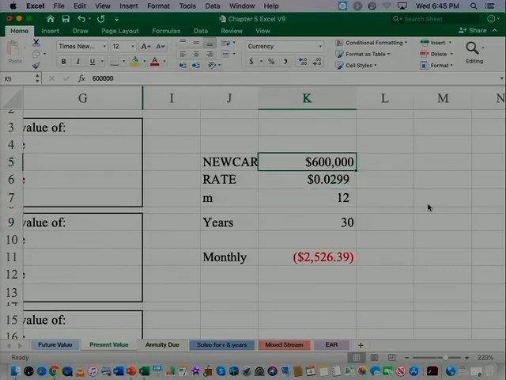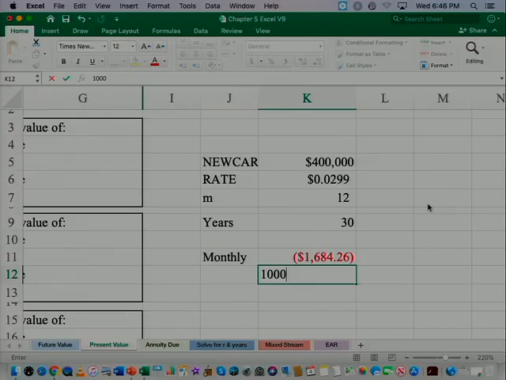Now, if you're going to stay somewhere in the suburbs, $400,000 might be more typical for a decent house in the suburbs, and that would give you just a monthly payment of $1,600. Except there's one big difference about living in the suburbs compared to the city. That's the taxes. Typically, you're going to pay $1,000 a month in taxes, depending on where you live.